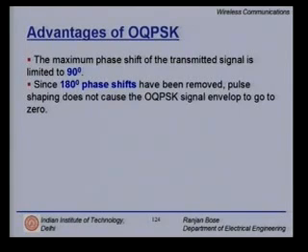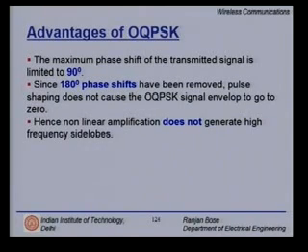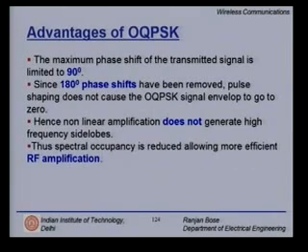But since 180-degree phase shifts have been removed in this case, pulse shaping does not cause the offset QPSK signal envelope to go to 0. Hence, nonlinear amplification does not generate high frequency side lobes. Thus, the spectral occupancy is reduced, allowing more efficient RF amplification. So, your receiver design also improves.